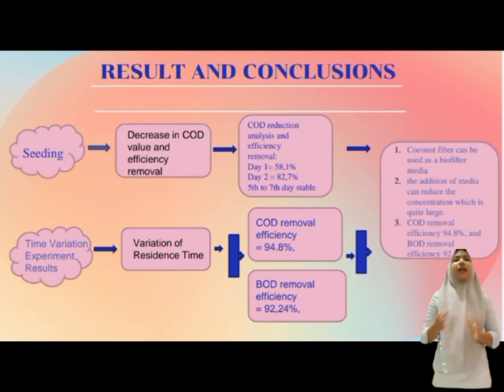After operating for 3 days, the reactor began to show its removal efficiency of 87%. After being processed, the concentration became 1,187 milligram per liter and ran stable from day 5 to day 7. The next process could be carried out.